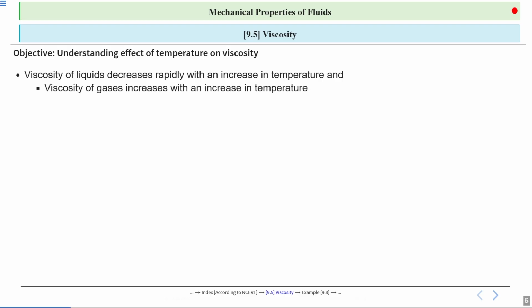Viscosity of gases increases with an increase in temperature. As gas molecules move faster, they collide more often, which increases the internal friction and makes the gas slightly more resistant to flow. For example, warm air is just a bit more viscous than cold air.